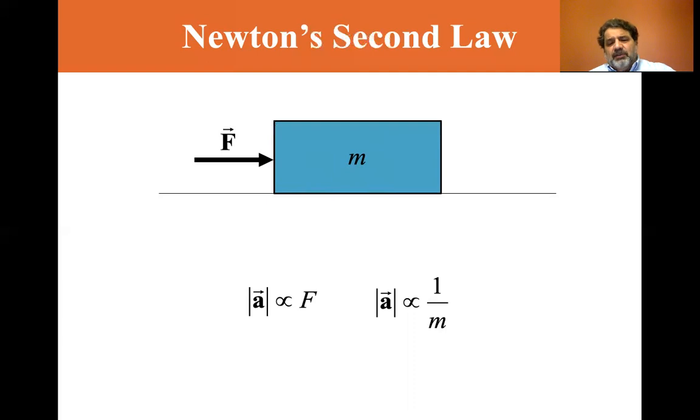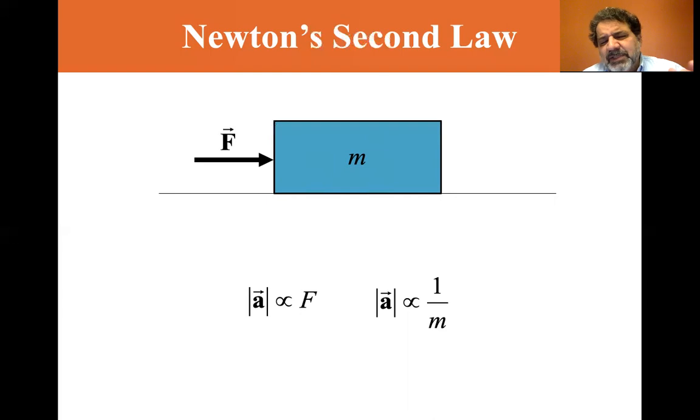It's inversely proportional to the mass. You apply a force to a mass, you get an acceleration. You apply the same force to double the mass, and you're going to get half the acceleration.